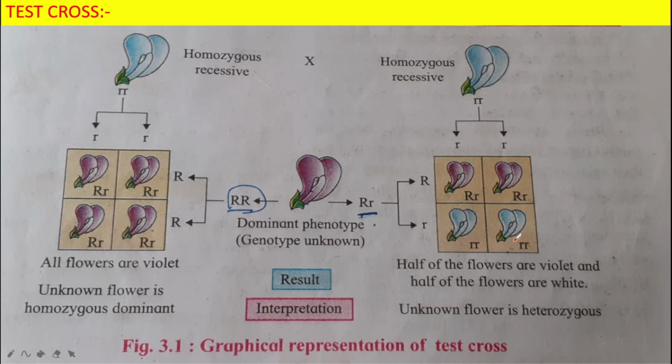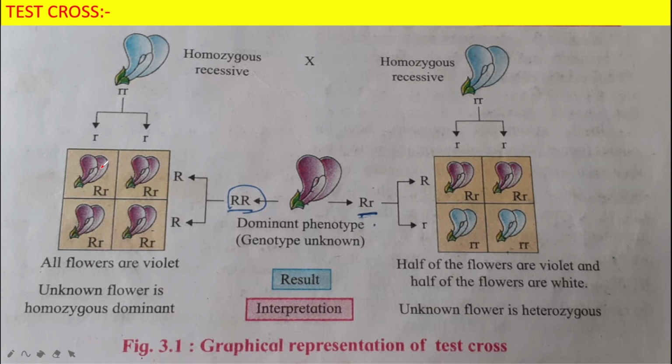So what result do we get in the F1 generation? 50% of the flowers are violet and 50% are white. If we get this 50-50% result, it means this purple or violet flower has the genotype capital R, small r. On the basis of this result, we can easily identify the genotypic nature.